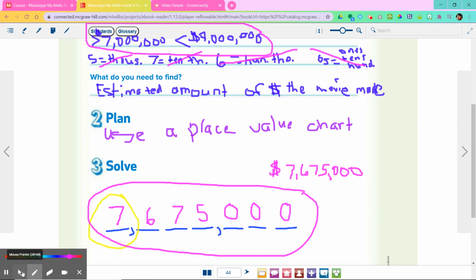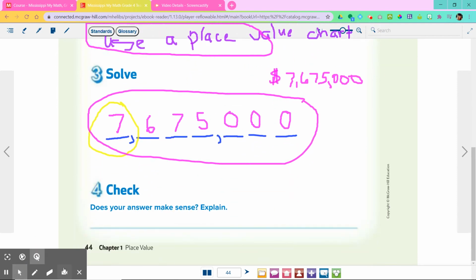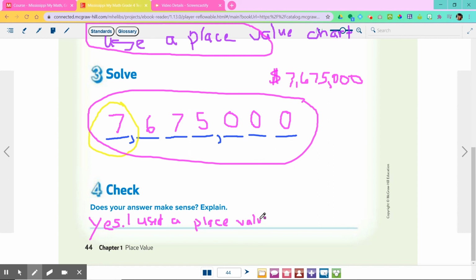All right, and then of course, we don't want to skip our very last step. Does your answer make sense? So does it make sense? We're going to type or write yes, because I used a place value chart.